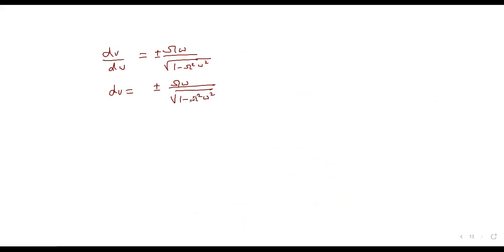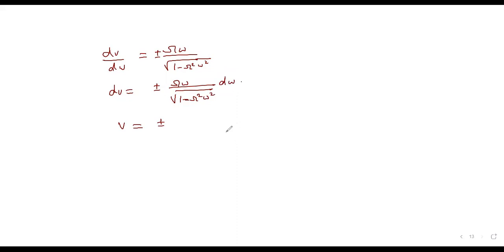So if I integrate this, so integrating, you would get v is equal to plus minus, we integrate this with respect to w, no, here it is dw, so we integrate both sides.